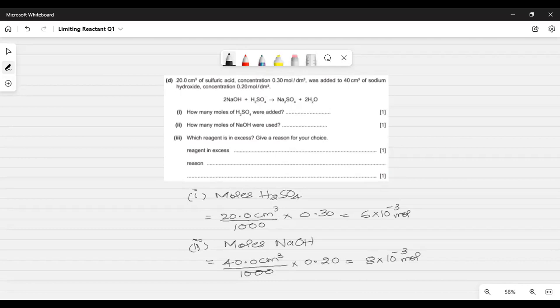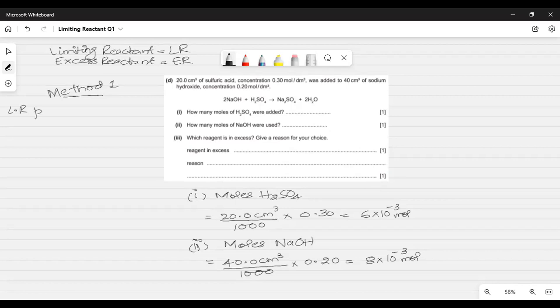Now, the first ideology on which I am going to solve step number 3, method 1, let's call it, states that limiting reactant, which I am going to mention as LR during my whole steps, and excess reactant, whatever that reactant is, we don't know for sure whether that one is H2SO4 or NaOH yet. We are yet to find it out. So I'm going to mention it as ER.